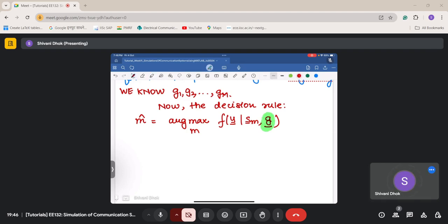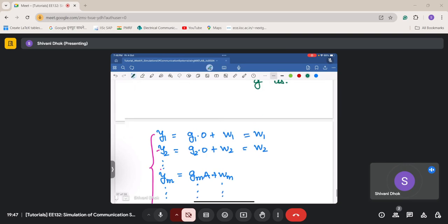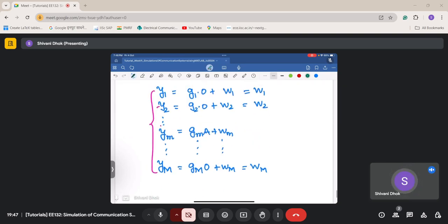So everything, since this will come up, this is because we know what g is. Okay. So now whatever we need to do is based on given g.